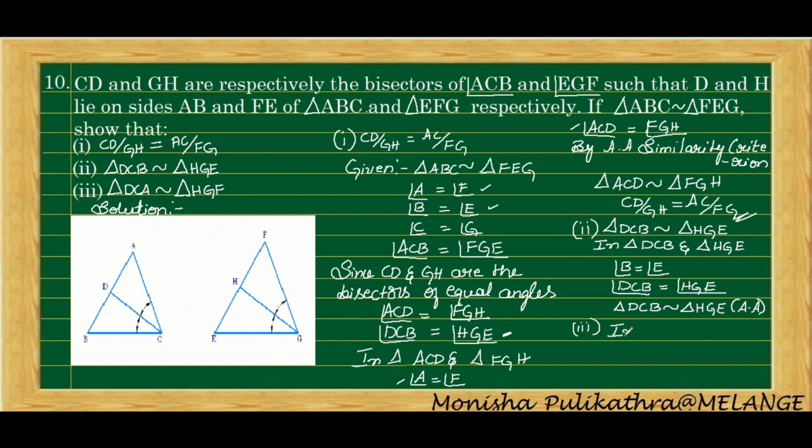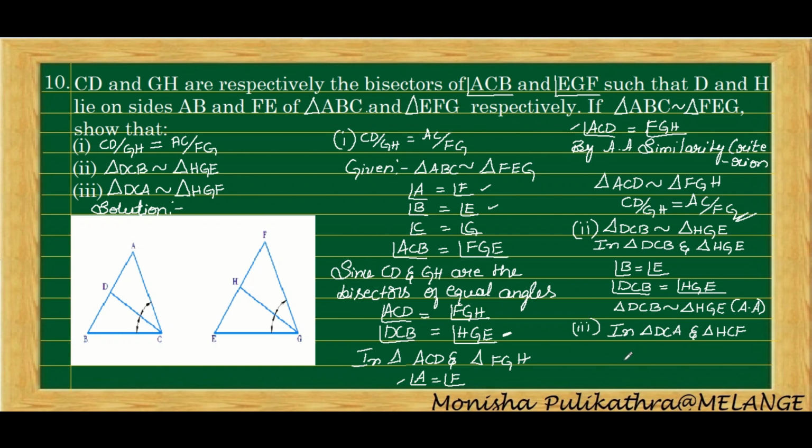For the third one to prove, we need to consider two triangles, triangle DCA and triangle HGF. In these two triangles, what are equal?